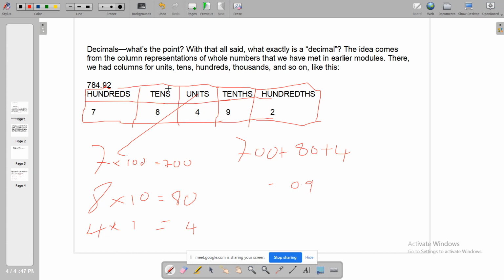Let's say I'm multiplying, so 0.9 of, because after the point, the number that comes there is tenth, so 0.9 of 10. So if 0.9 of 10, when you multiply, you get 9. Do you understand? You get 9.